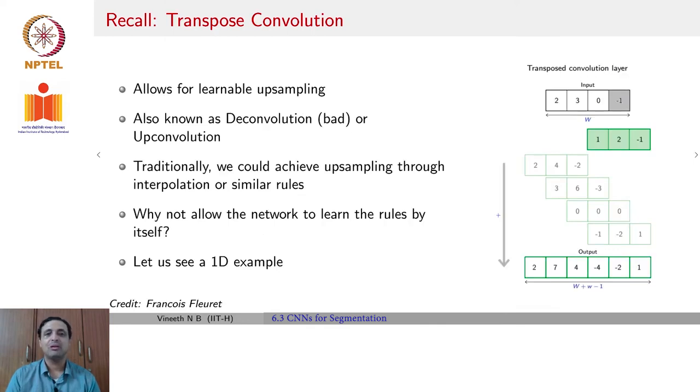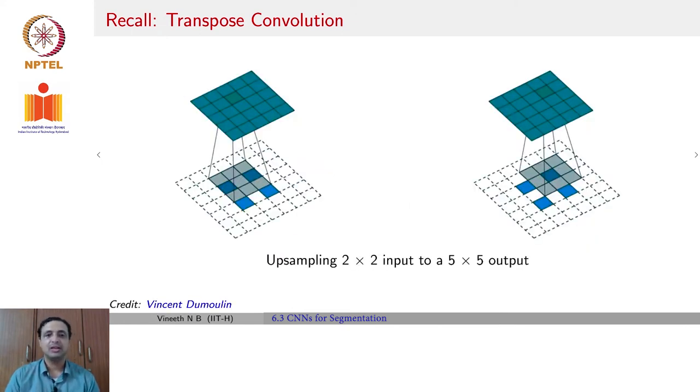Let's quickly recall transpose convolution. So this was the one-dimensional example we spoke about when we discussed convolutional neural networks, where your output can be larger than your input. And here is the illustration that we gave for transpose convolution, where you have a dilation in your convolution when you take the filter and apply it on an input image.